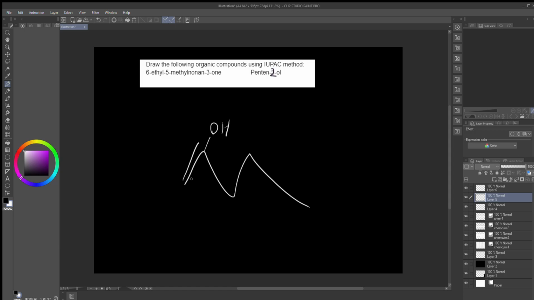And this is it. And then we could assume that there will be 2 hydrogens bonded to the carbon here, a single hydrogen bonded to the carbon here, 2 hydrogens, 2 hydrogens, 3 hydrogens. And so that is a very brief introduction and a couple of examples for drawing organic compounds using IUPAC method.